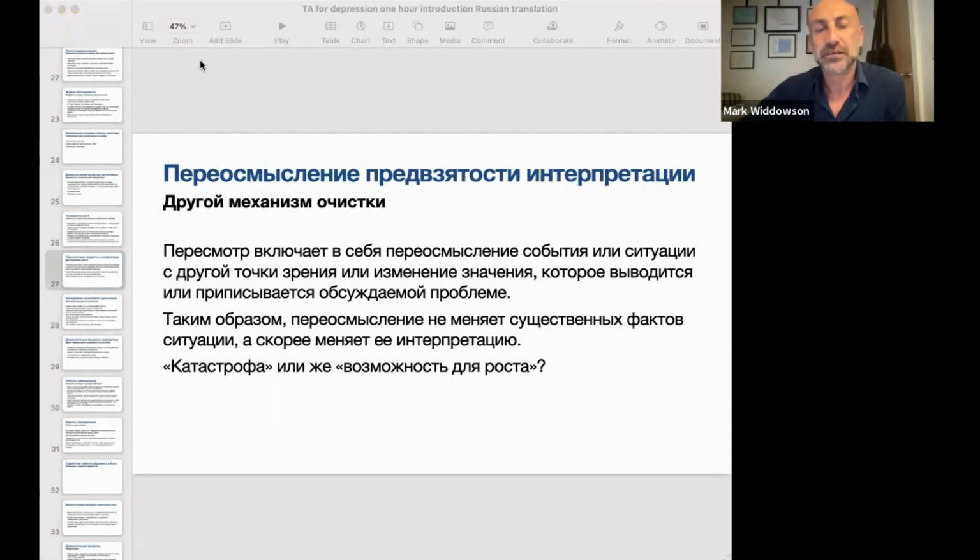So one of the things, as I've already said, that we need to do is to help the client to reframe this interpretation bias. One of the ways that we can do this is to help them to reinterpret an event or a situation. For example, a few weeks ago, I was working with a client who had lost their job.